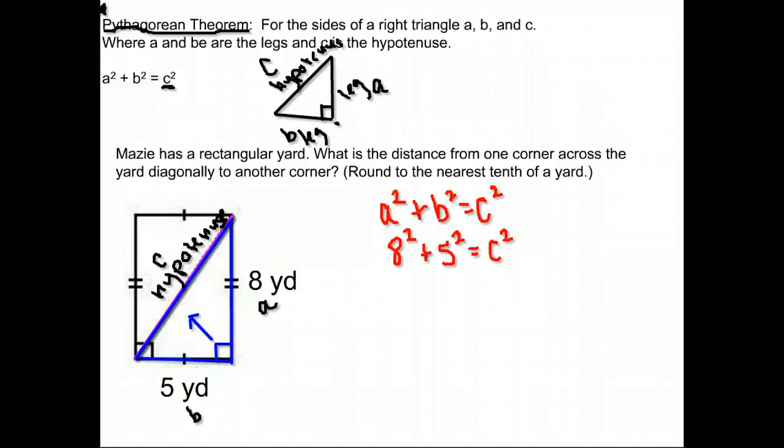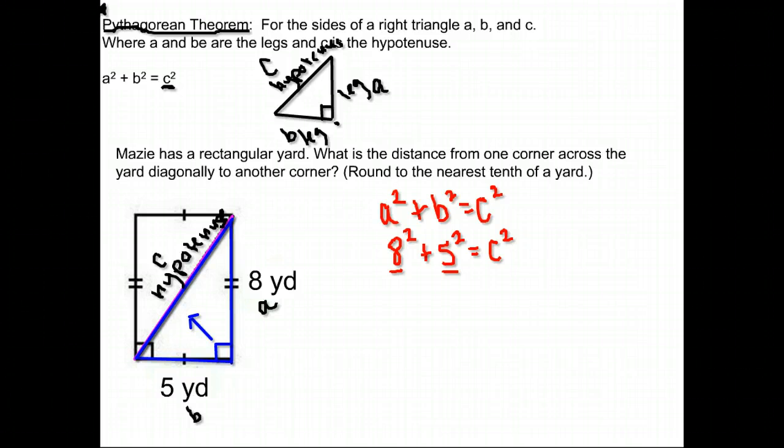Okay? And then we just go one step at a time to solve this. So the first thing we're going to do is square 8 and square 5. What do we get when we square 8 and square 5 individually? Close. Make sure you're taking them times themselves and not times 2. That's a common thing that happens.